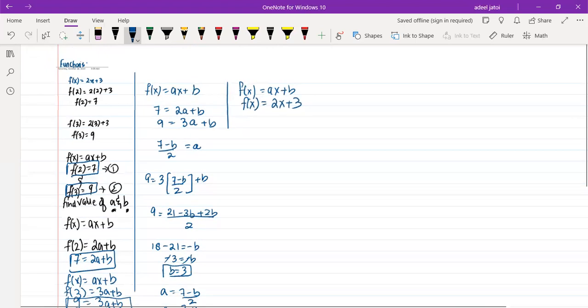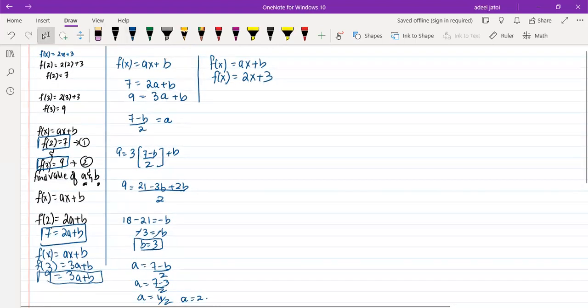It's just the reversal process of what we did. We initially found the values of f(2) and f(3). But when the question clearly says that we need to find the a and b values, then the reversal process continues. And when the reversal process of the same thing continues, we apply simultaneous equations.